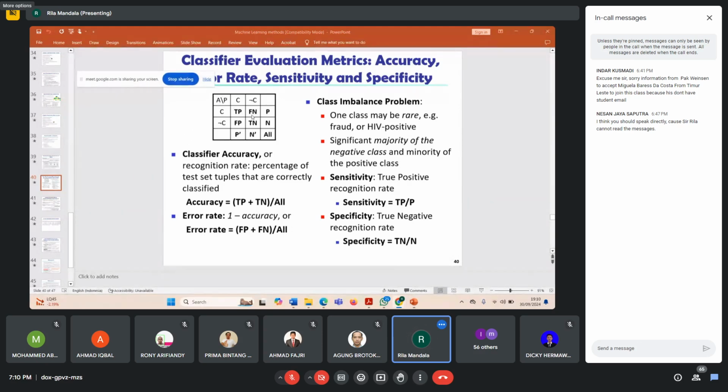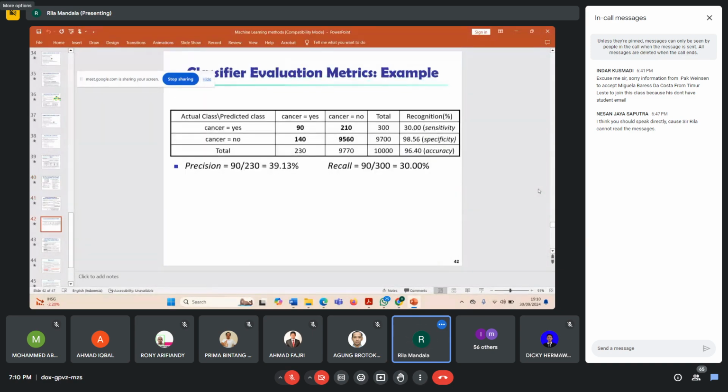False negative means predicted not belonging to class C, but actually C. In our cancer example, false negative is predicted as not cancer, but actually this is cancer.